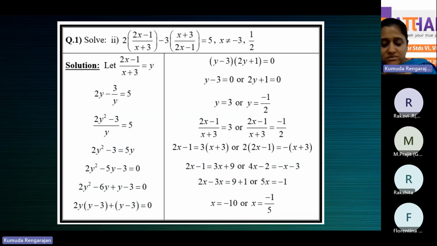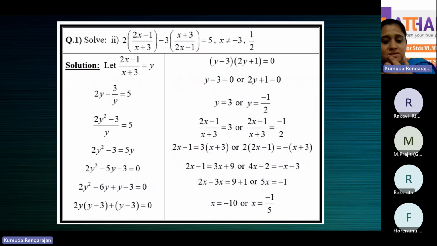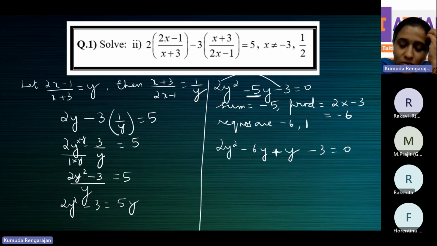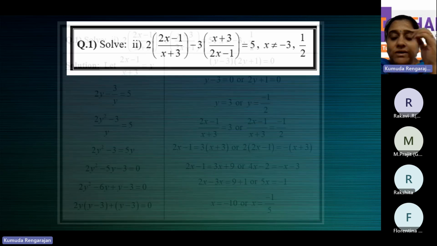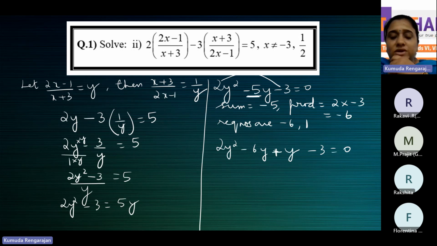Is this the answer? Oh, you were talking for y, is it? I'm so sorry. I saw the values for x. Yeah, y is 3 and minus 1 by 2. Sorry, I mistook it to be the values of x and I was looking at the answers for x.